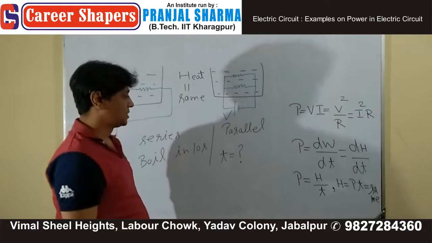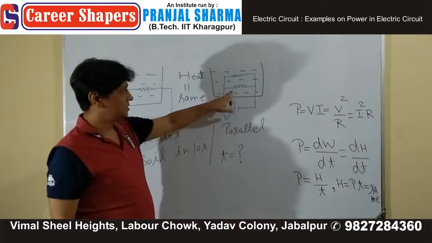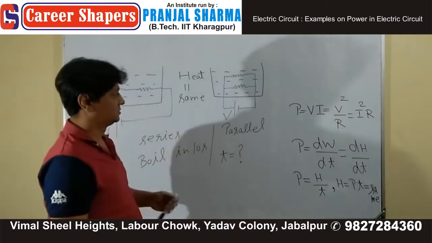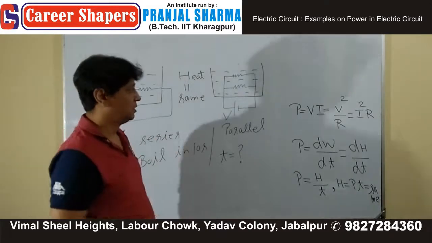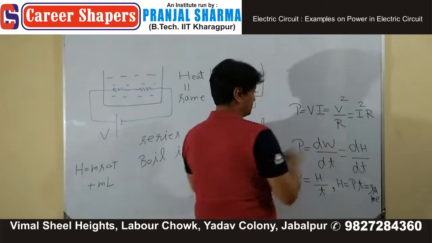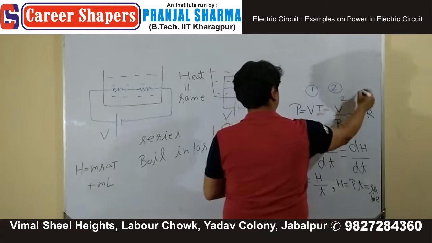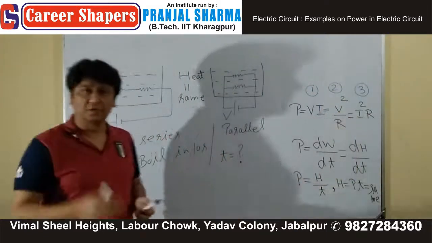Now, you've got two resistors in parallel, you've got two resistors in series. For finding power, which format you should use? First, second, third. I mean, you can answer with the help of all three.